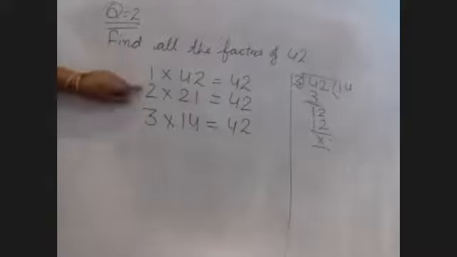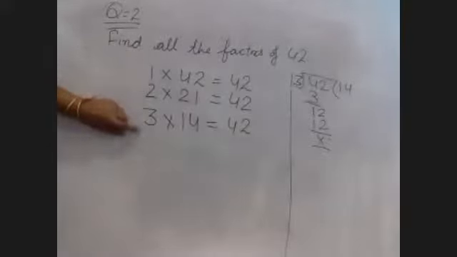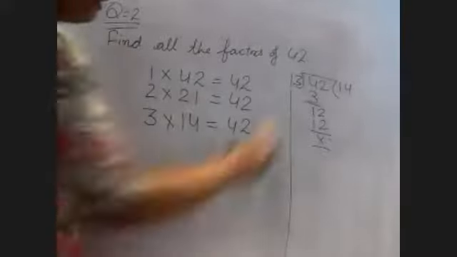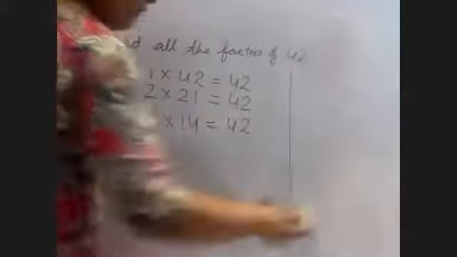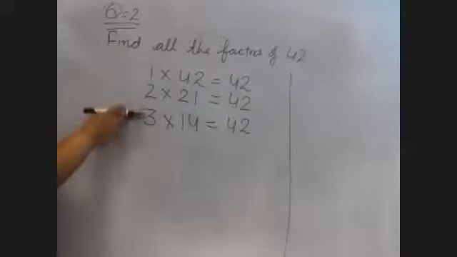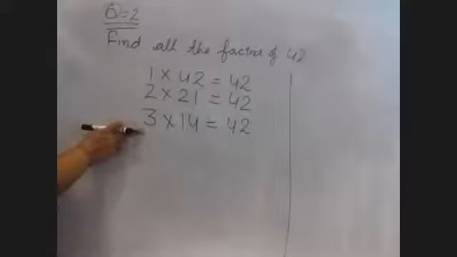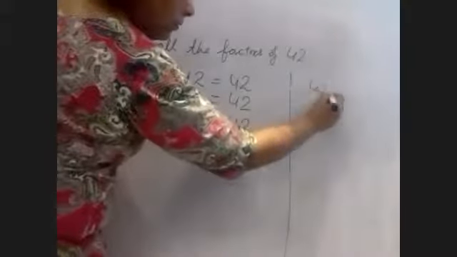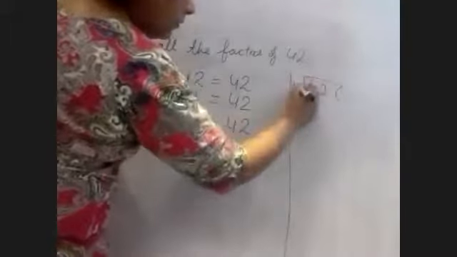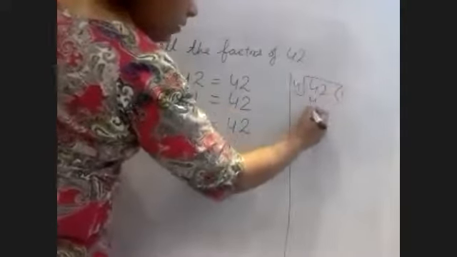Next number is 4. Now 42 divided by 4. 4, 1 are 4.